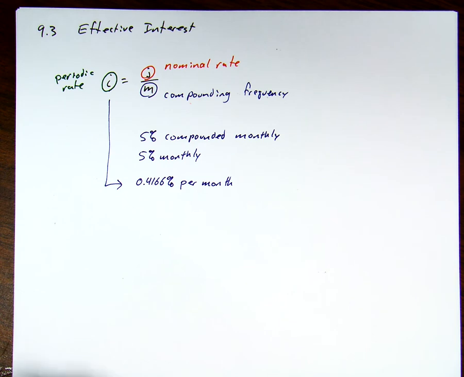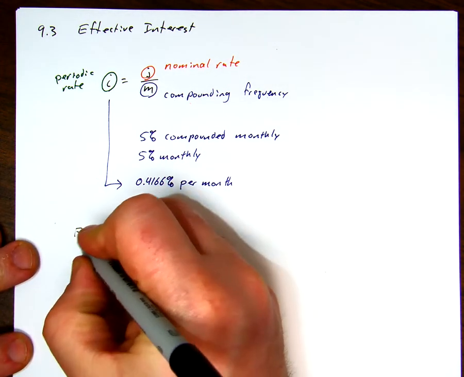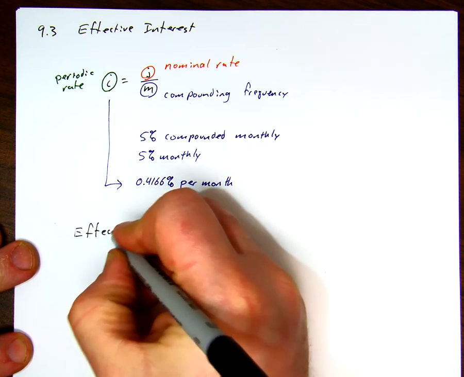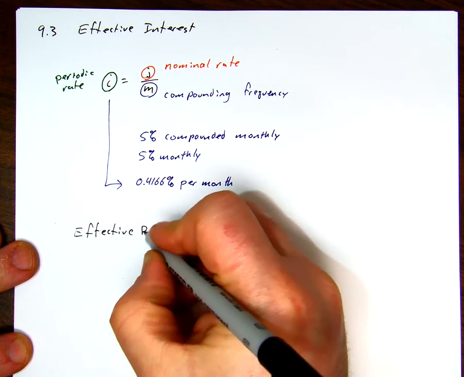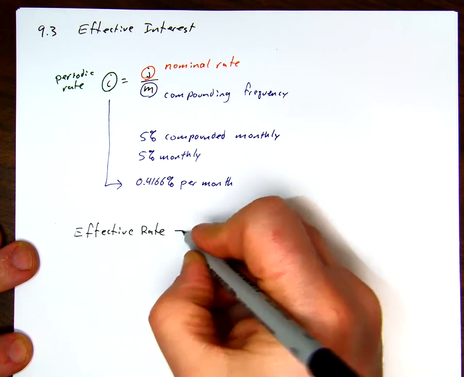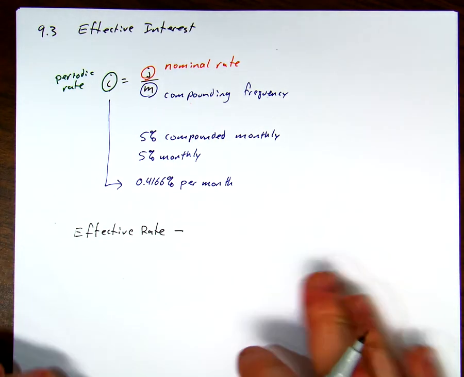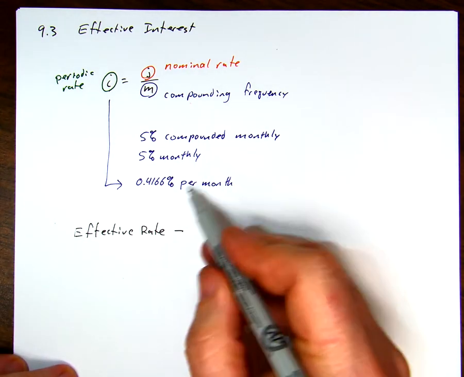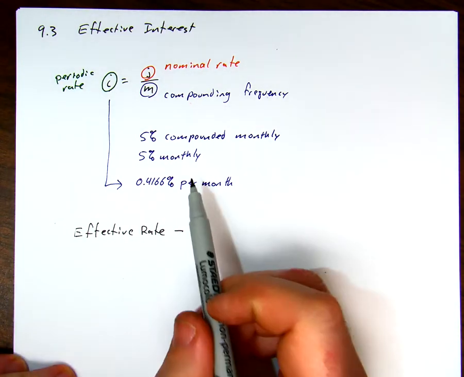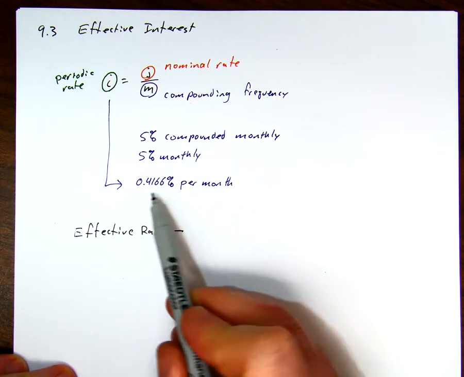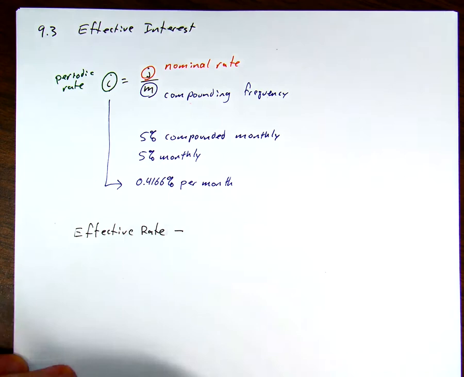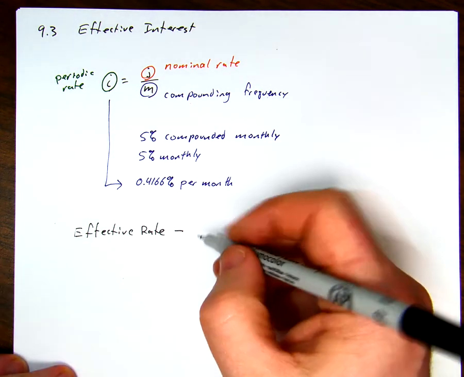What we're looking at is the last value that we have, the effective rate. And the effective rate is the equivalent rate for 5% compounded monthly, or 0.4166% per month, on an annual basis.